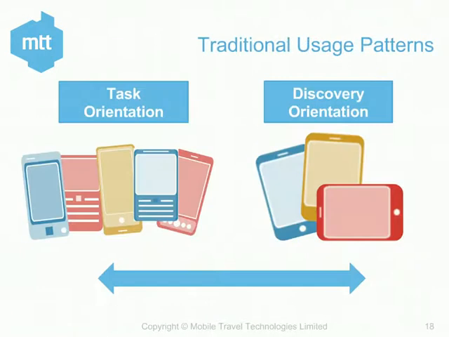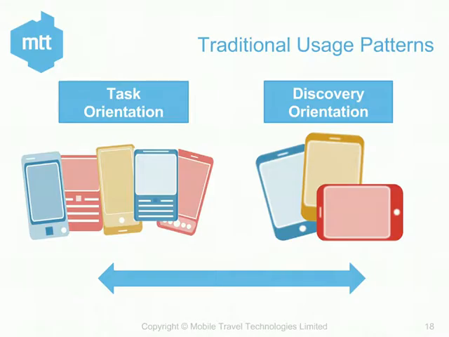The other thing that people look at when they're looking at their tablet strategy, or where they want to go with tablets, is the usage patterns. Traditionally, and I say traditionally like it's a long time ago, it's only a year or two ago, there was a view that tablets were very much focused on discovery, inspiration, sitting on your couch at home type usage.